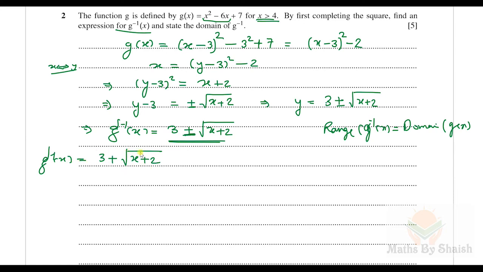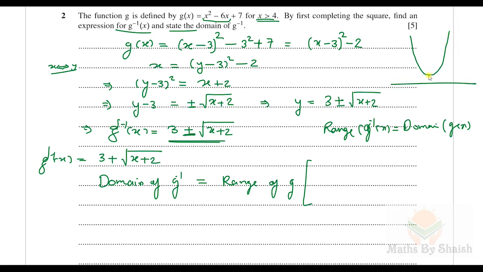That's it. Now let's find the domain of g⁻¹, and one more thing we need to use: the domain of g⁻¹ is the same as the range of g, and the range of g we can find from here. If we see this g(x), the graph is like this, and the minimum point we get at x = 3.